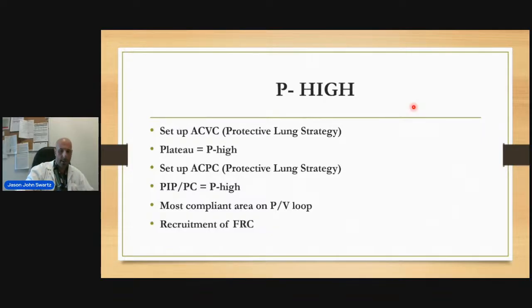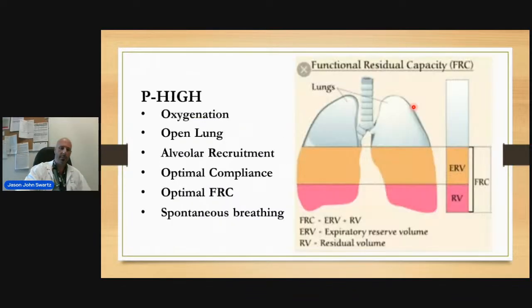And this whole P high is basically a mean airway pressure that is enough to reach the threshold where the alveoli start opening up. And these brief releases are brief enough that they're not allowing de-recruitment. All the work being done on the P high is not being lost.